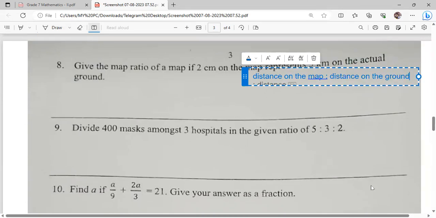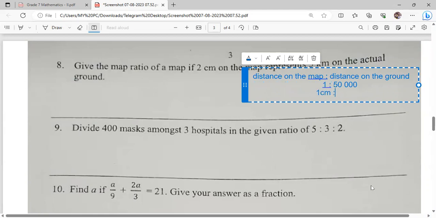And we explained this, for example, if they are telling that the map ratio is 1 to 50,000, what does this mean, children? If you find 1 centimeter on the map, then in the real world there are 50,000 centimeters on the ground. That is the meaning of this map ratio.